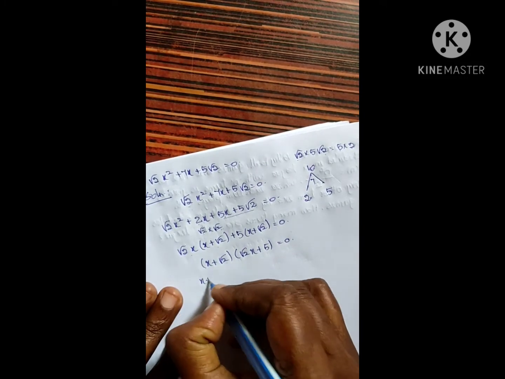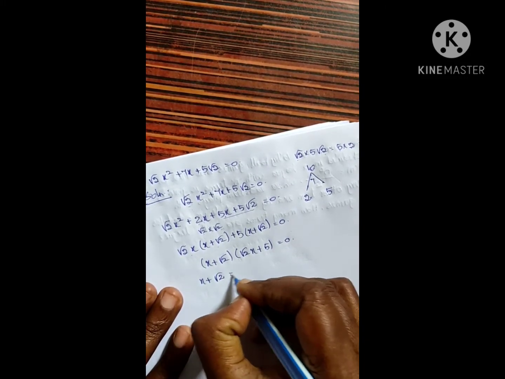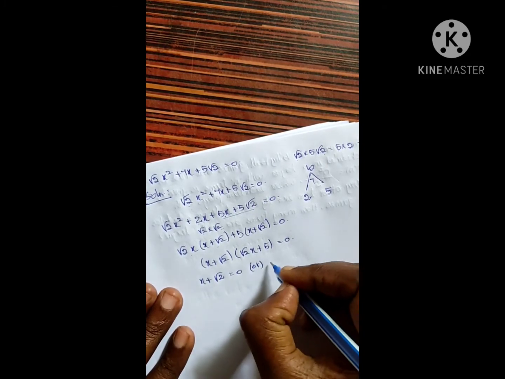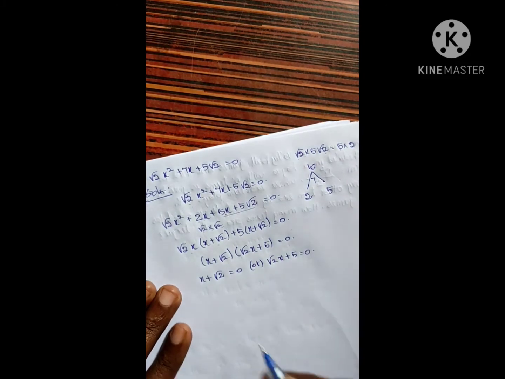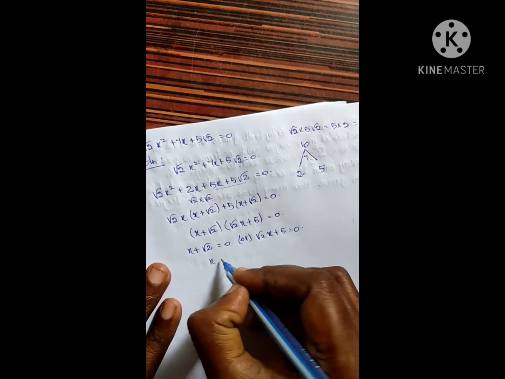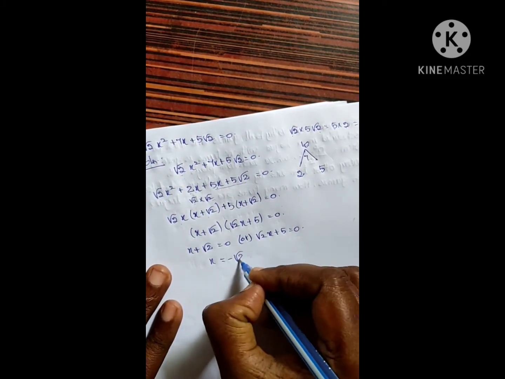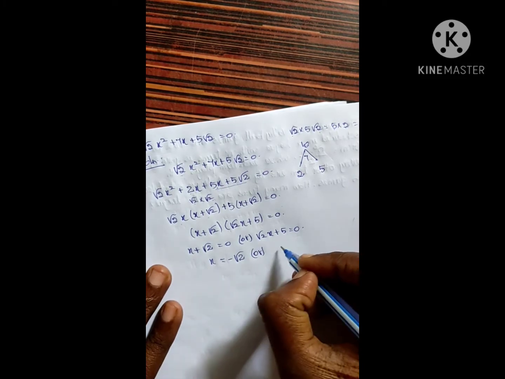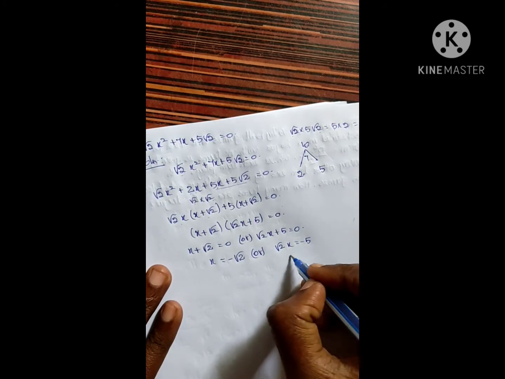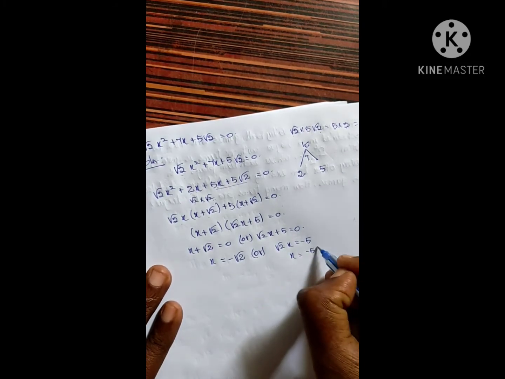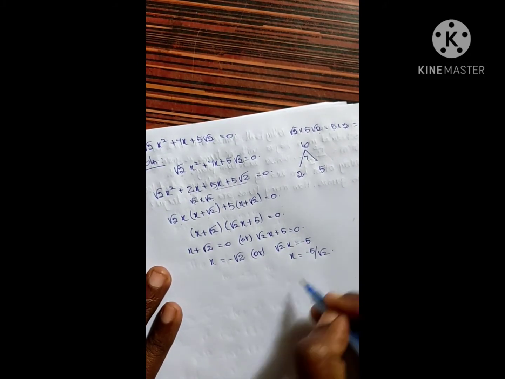That is, x + √2 = 0 or √2x + 5 = 0. That is, x = -√2 or √2x = -5, that is, x = -5/√2.